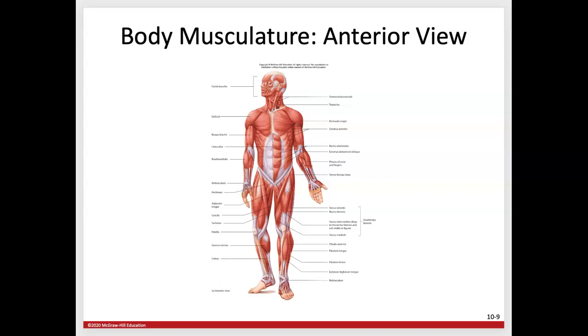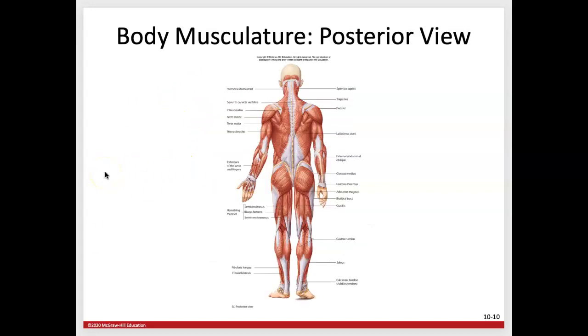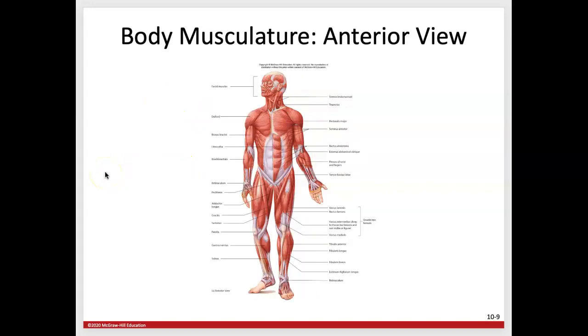So these pictures are just here for you to practice. And I also posted blank pictures online in D2L, but you don't have to know every single one of the muscles listed in these 2 pictures. You only need to be able to identify the muscles on the muscle checklist, just to be clear.